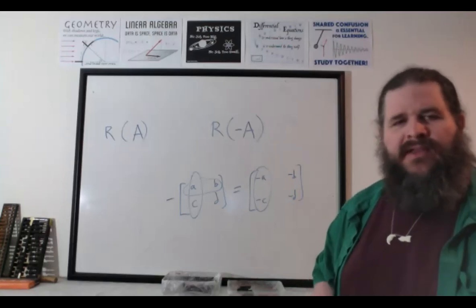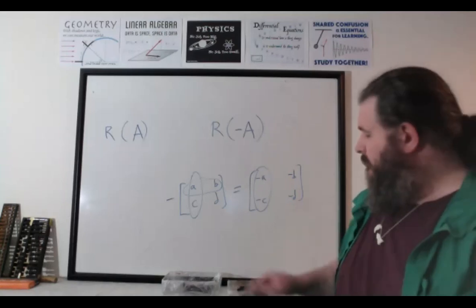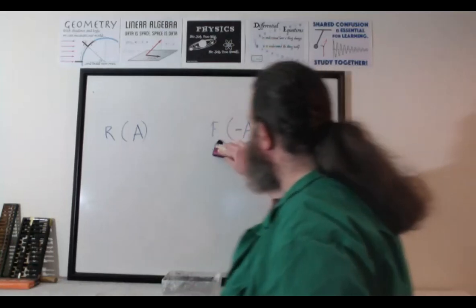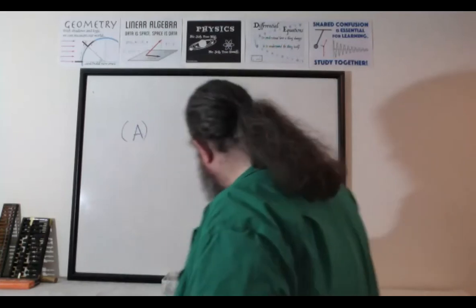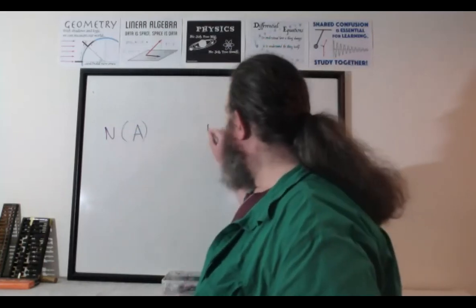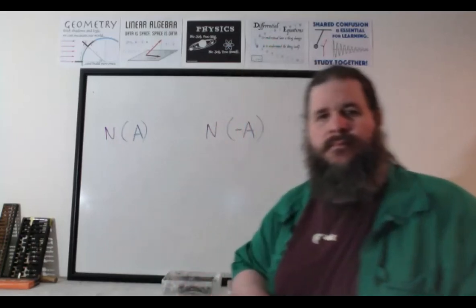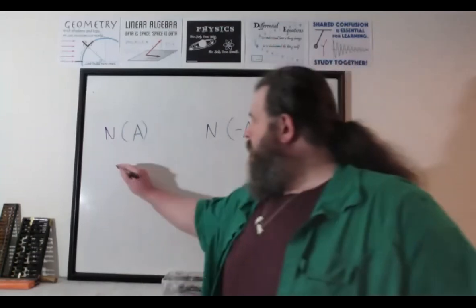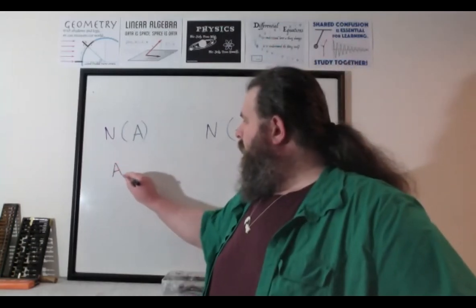What about null space? What does the null space of a matrix mean? It's when you multiply it with a vector, it gives you 0. So the vectors present in the null space give you a 0.